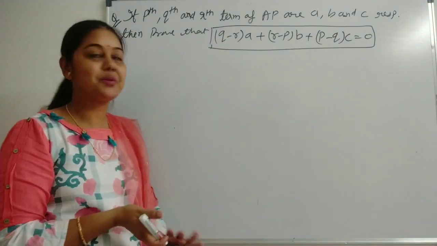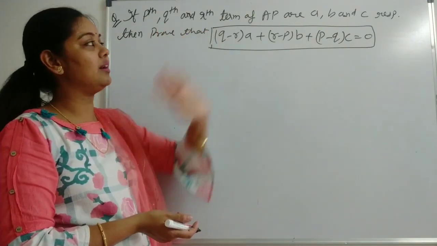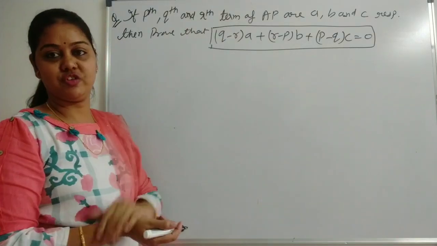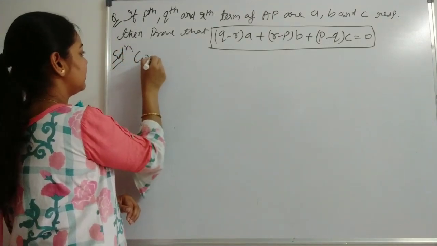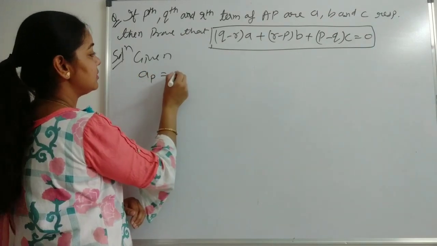It is given that the pth, qth and rth terms of an AP are a, b and c respectively. Then prove this condition. Given that pth term means a.